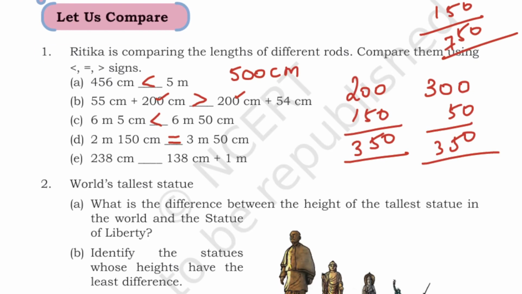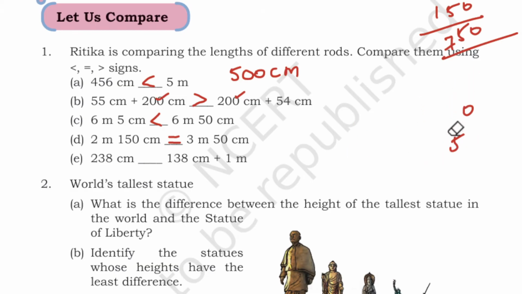Okay, so next, let me erase everything. Next you have 238 centimeter. So here you have 138 centimeter plus 1 meter. 1 meter is equal to 100 centimeter.